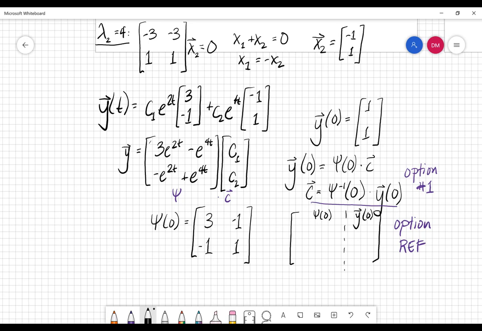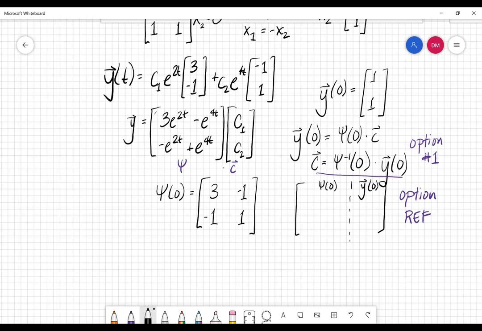I may be looking at my notes where I found the inverse. I'm not quite sure. All right, so we are going to go ahead and solve for C here. So let's go ahead and find the inverse.